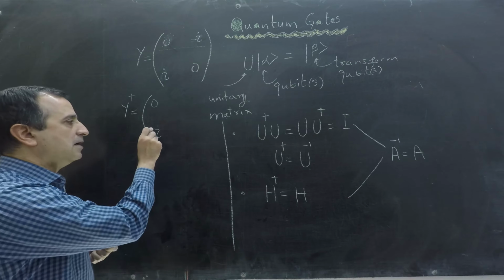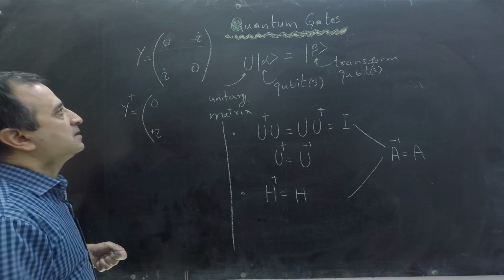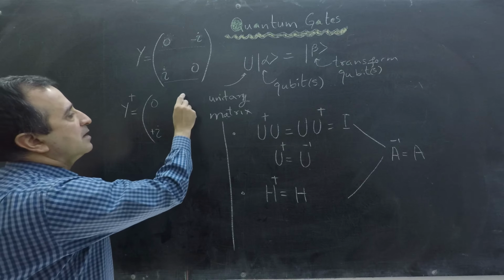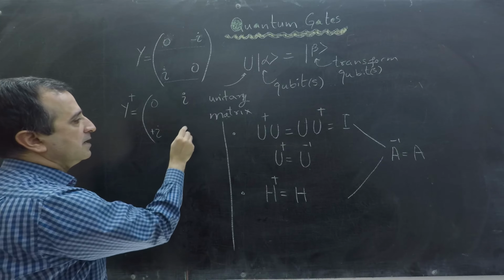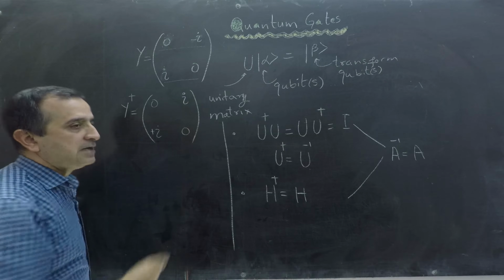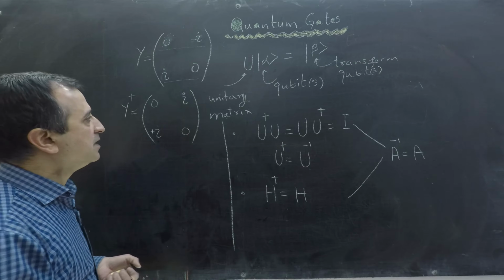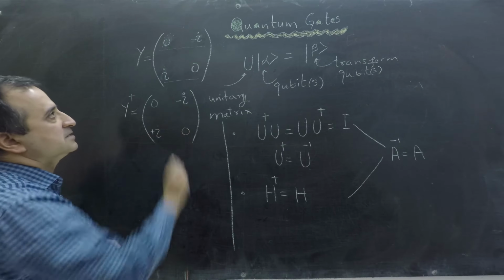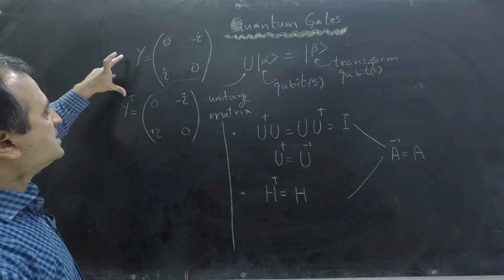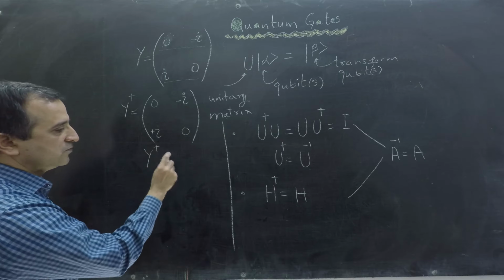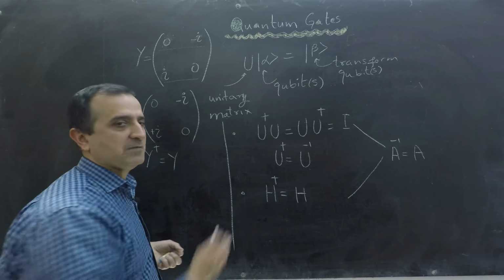So this iota will become plus iota. Now take this row and write it as a column. I will get iota and 0. Once again, I have to change the sign of all the terms having iota, so this will become minus iota. And now you can see that Y conjugate transpose is equal to Y, so Y is a Hermitian matrix.